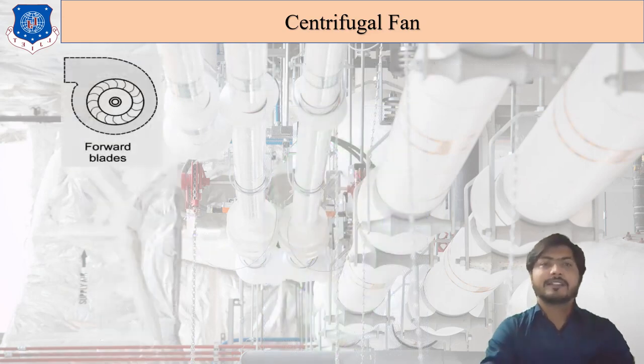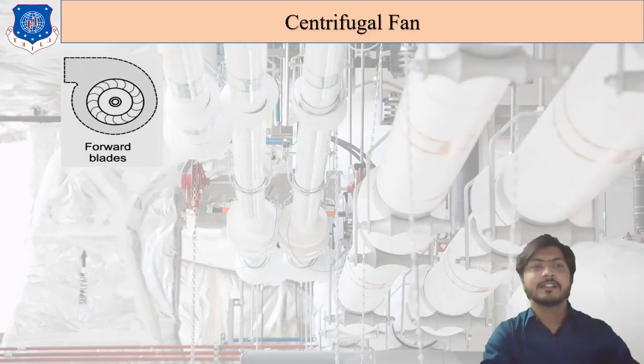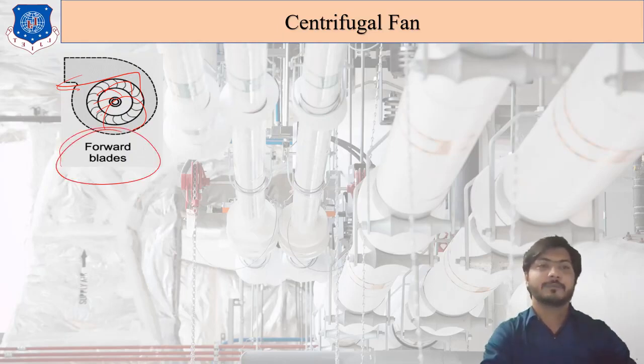Next, the classification of centrifugal fans is based on blade shape. This is a blade, a forward blade, with its rotation. If the rotation is like this, the blade angle is like this, and the flow outward is like this. How can we check whether it is a forward curved, backward curved or radial blade?